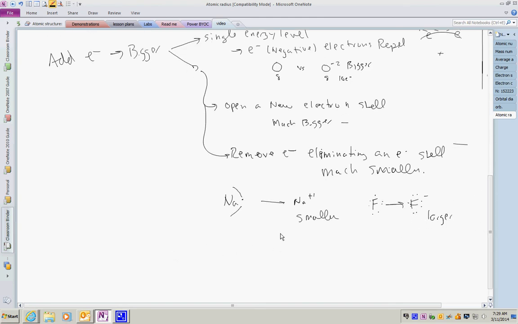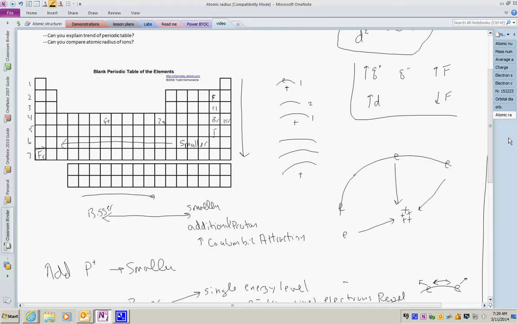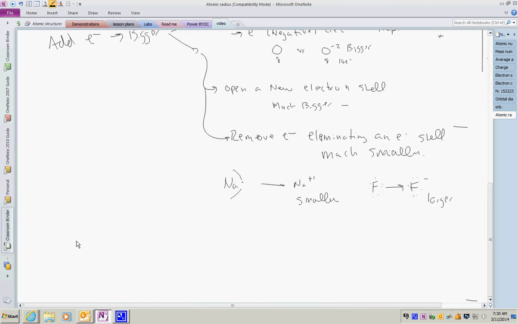Now, again, I've highlighted what happens when you add protons, add electrons, and we've also talked about when you add protons and electrons, but I want to re-highlight that one more time. When you add protons and electrons, the proton attraction tends to overwhelm the fact that we're adding both protons and electrons.